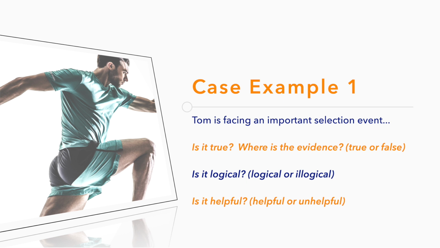In this case, Tom should be challenging his beliefs and replacing them with a more rational, "I want to be successful, so I will try my best, but if I'm not selected, this doesn't make me a failure." This rational and pragmatic thinking is more helpful, as Tom is less stressed and anxious and is consequently better placed to attend and perform at his best, increasing his chances of selection and achieving his goal.